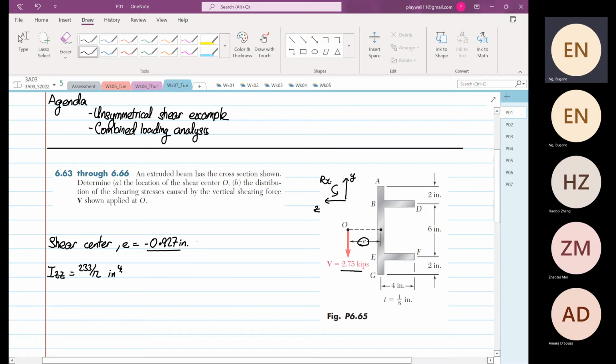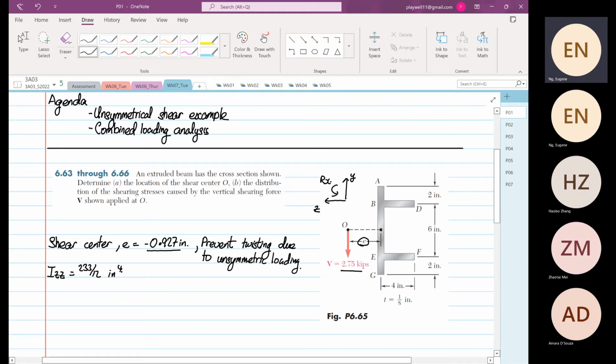The reason we find this is that once we know our shear center, we are going to prevent the twisting due to unsymmetrical loading.